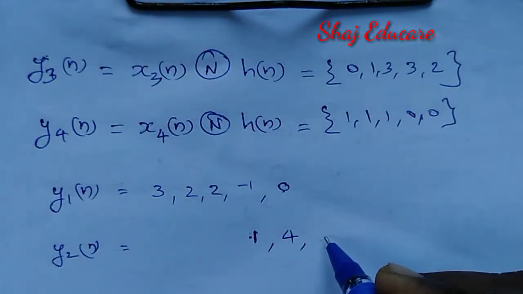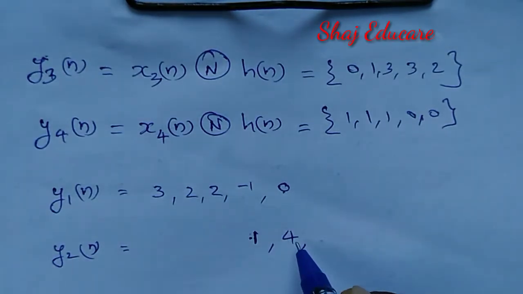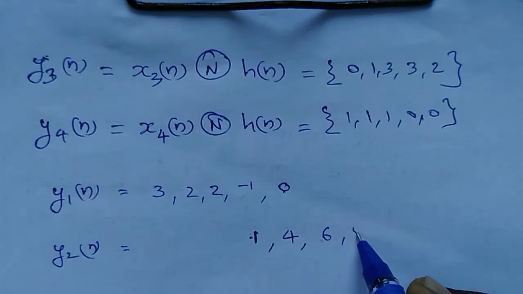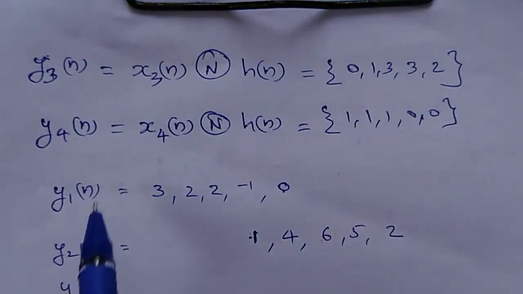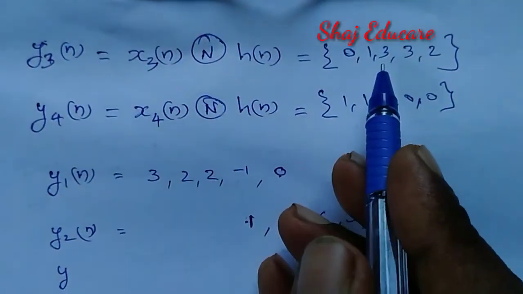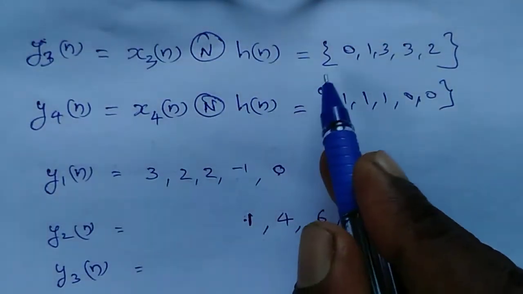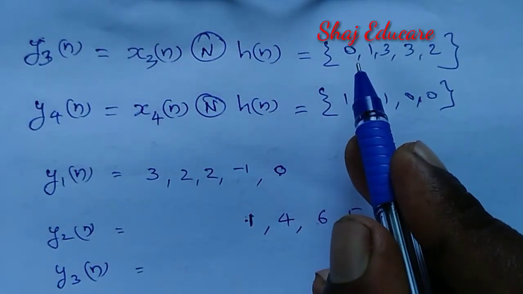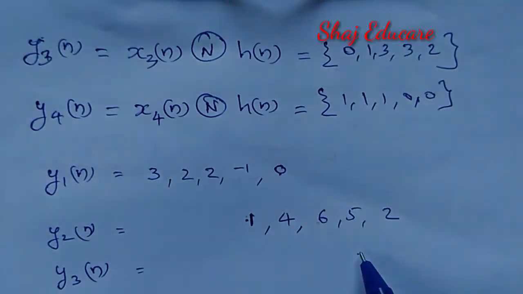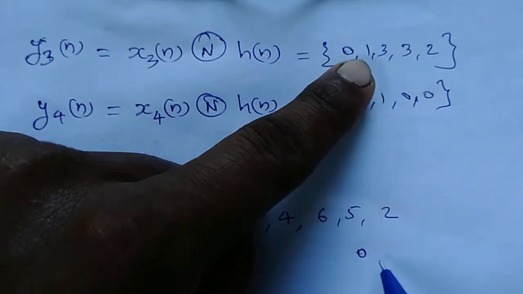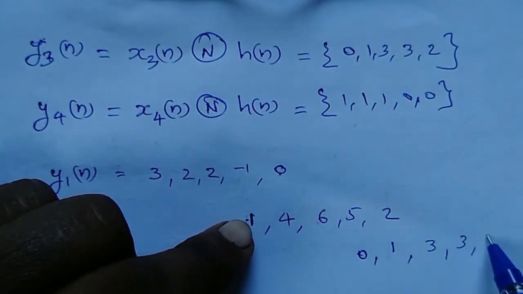Then write the result of y2 of n obtained, that is 1, 4, 6, 5, 2. Then write y3 of n, which is available here. It should also start from the m minus 1 element, that is from here. That is 0, 1, 3, 3, 2.